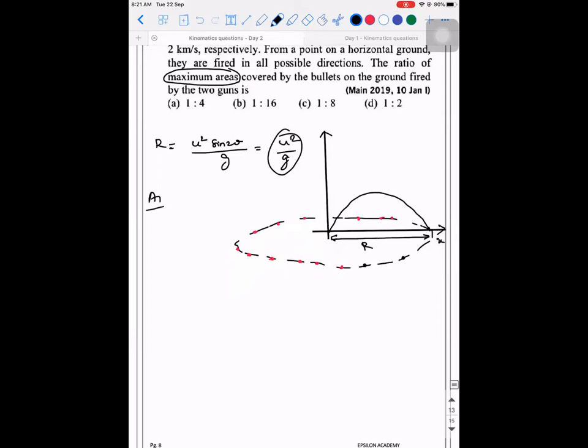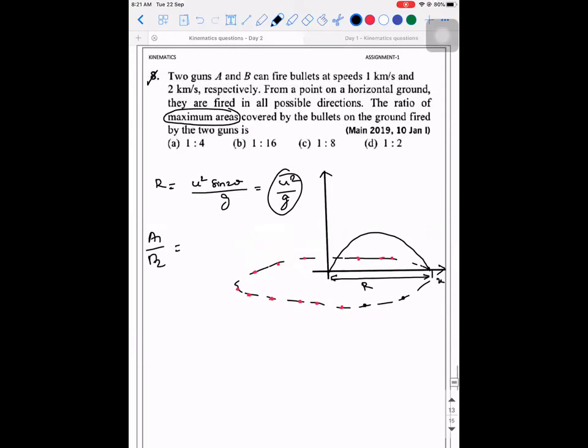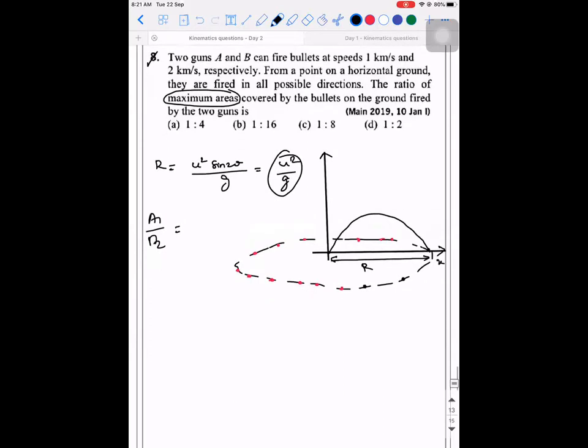So A1 is to A2. They are asking for the areas covered by the two guns, since smaller is to bigger, that's right. So it is U1 square divided by g, divided by U2 square divided by g, the whole square. Did you understand what I did? I wrote it as pi r square, where r is the range. So U1 square divided by g, squared, by pi into U2 square divided by g, squared.